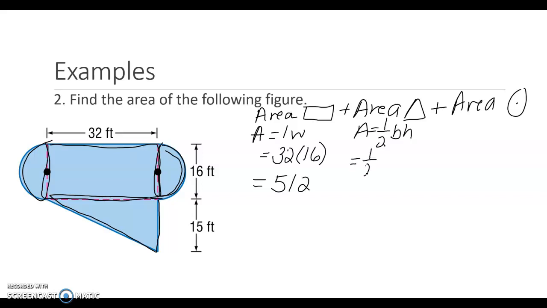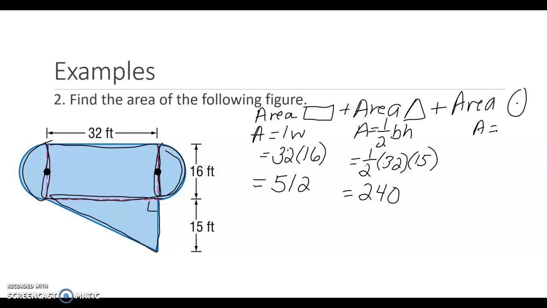So 1/2, the base of the triangle is the same as the length of the rectangle, 32. And the height of the triangle is 15. This would be like its height there. And 1/2 times 32 times 15, 240 square feet.